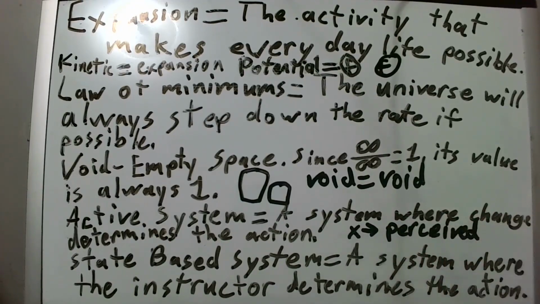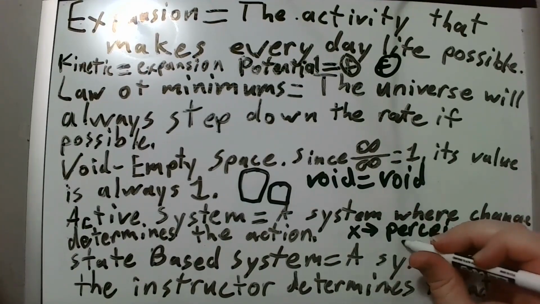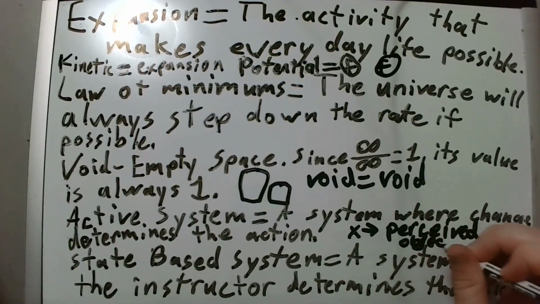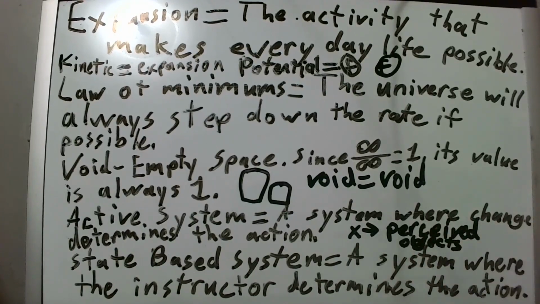Perceived, okay, so all of the objects that we see, all of the things that we experience, all the sensations and all of that, if it were an active system, everything would be a consequence of change. Once change happens, then a consequence happens.